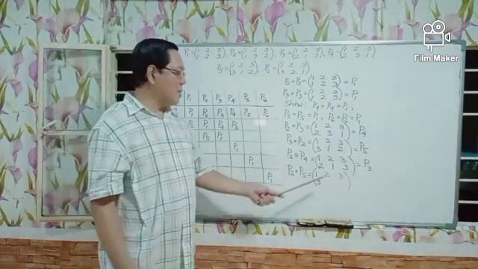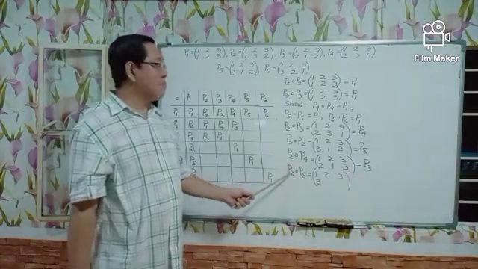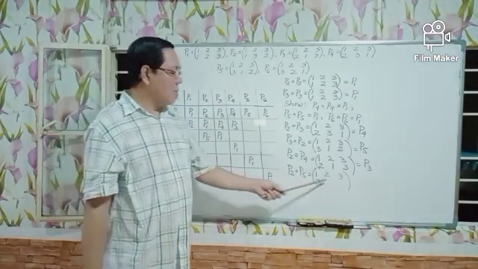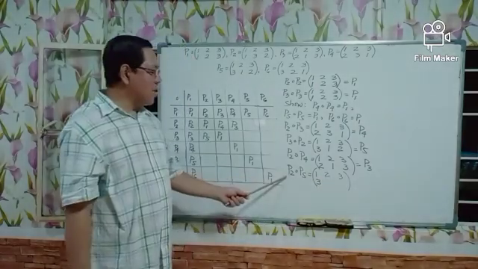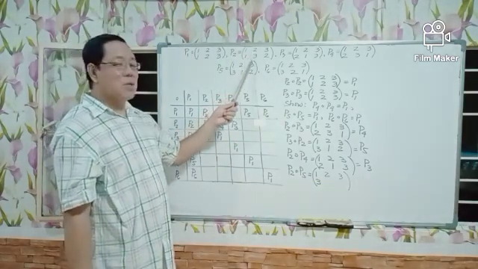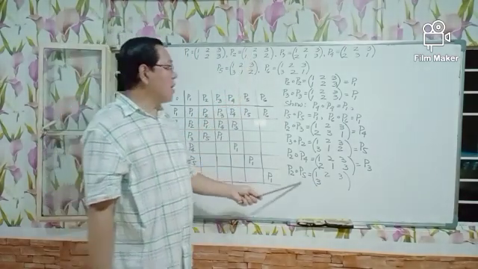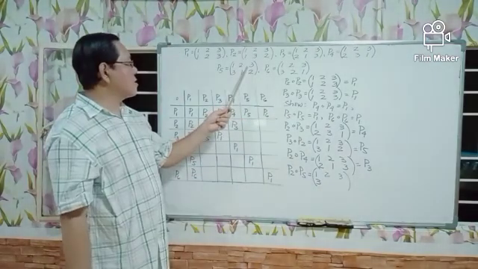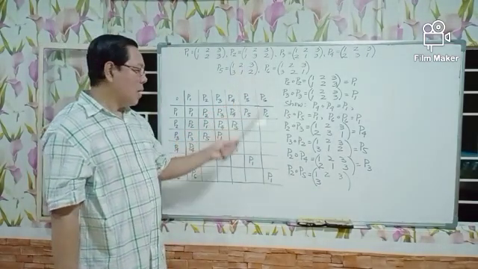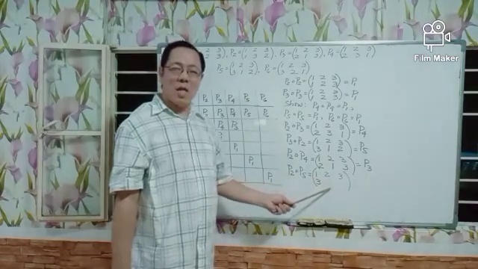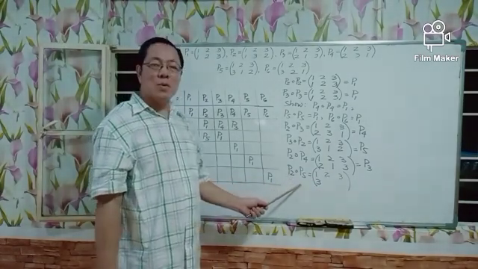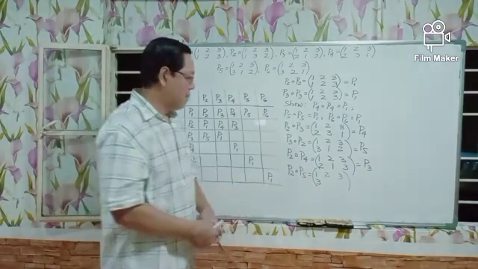Next, we find the image of 2 under P2. P2 assigns 2 to 3. And P5 assigns 3 to 2. Therefore, 2 is assigned to itself under P2 circle P5.